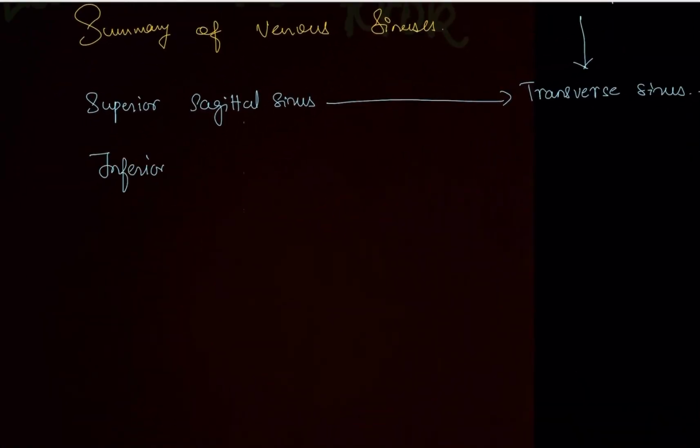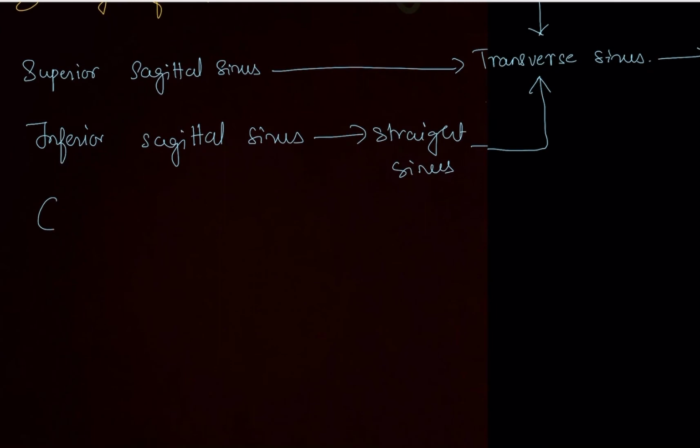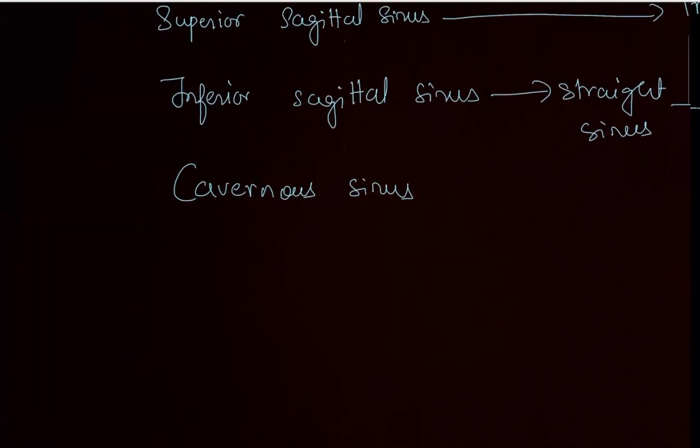Then inferior sagittal sinus, which will go and drain into the straight sinus. The straight sinus will then further drain into the transverse sinus. Understood? Now the cavernous sinus. Before that, let's do the sphenoparietal sinus.